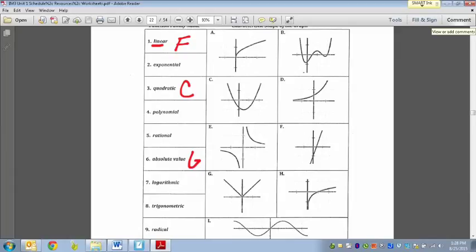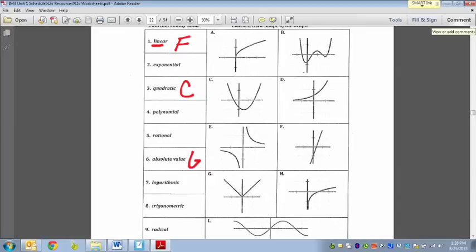So looking at my options, letter A looks like a good one, and letter H looks like a good one, okay? But the difference between the two is, notice how letter A starts off growing and then starts getting a little bit slower, okay? Letter H starts below the x-axis, whereas letter A starts above.